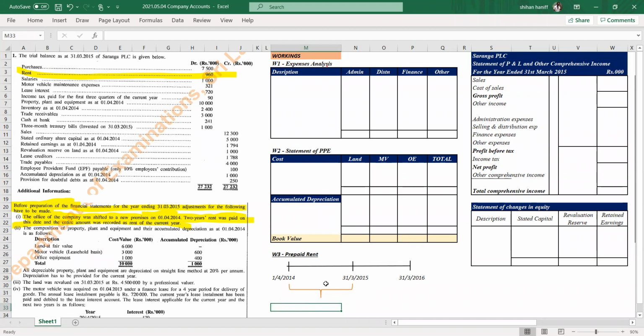So our financial year is 1st of April 2014 to 31st March 2015. This 960 is for 2 years, so for 1 year it will be 960 divided by 2, which is 480.